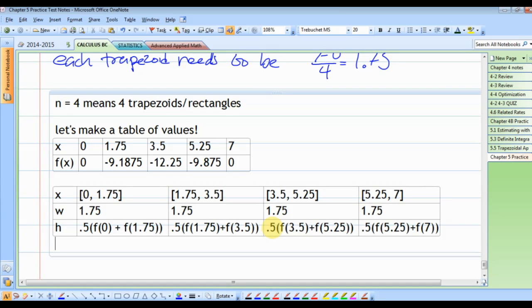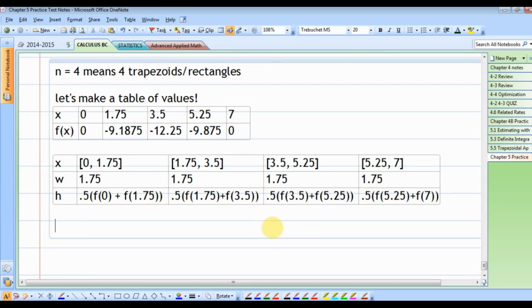Okay, let's put it all together. So that means the integral is going to be equal to, let's see, width times height, 1.75. Hey, is it okay if I factor out the 1.75 from all of this? Good. And the 0.5? Sure.